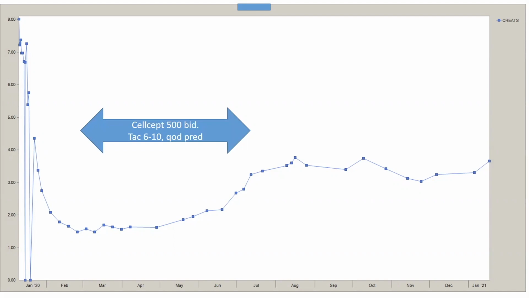And during this time, her creatinine started going up. So, in midsummer, in July, her creatinine, AlloSure, and BK viremia level had all increased, which prompted a kidney biopsy, which came back confirmative for BK nephritis class 2, with no evidence of microvascular inflammation.